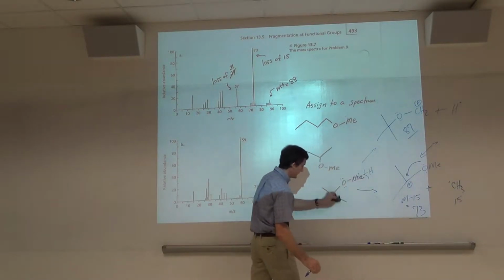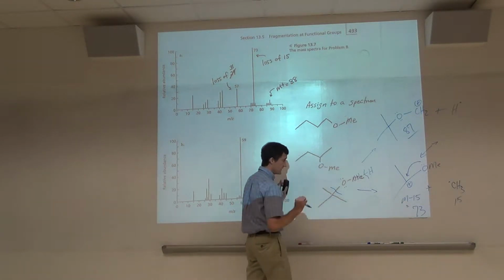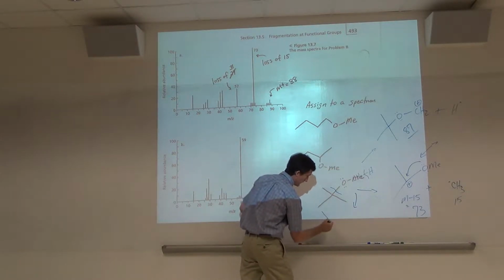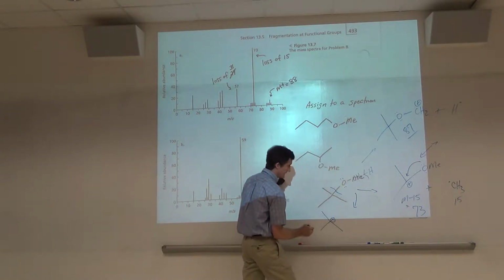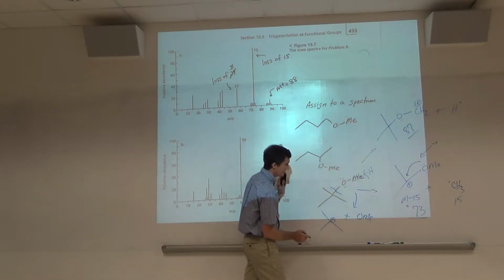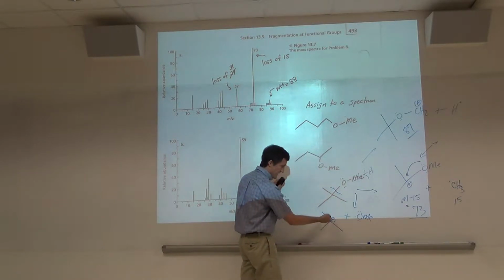We could also envision cleaving here. This is not really alpha cleavage, but if we cleave there, we would get what? We can envision making this nice cation plus the O-methyl, and the O-methyl would have to be a what? Radical. But that's a nice tertiary cation.